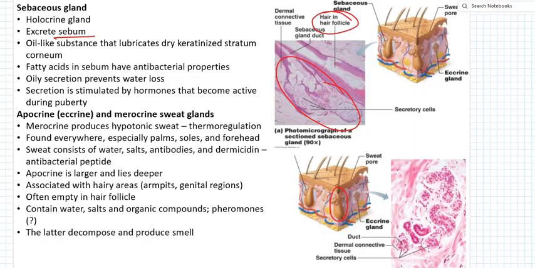So if somebody would pop a zit, spread it between the fingers and smell it, it smells like Swiss cheese. It's the same type of fermentation, producing the same type of chemicals. Now, sebaceous glands are holocrine, which means that cells die in order to release the sebum.